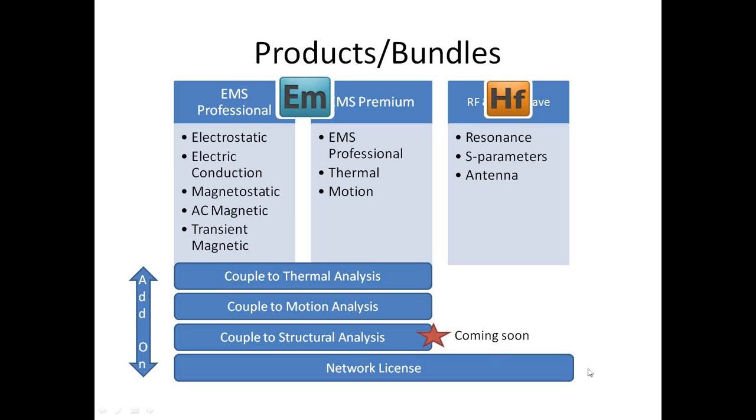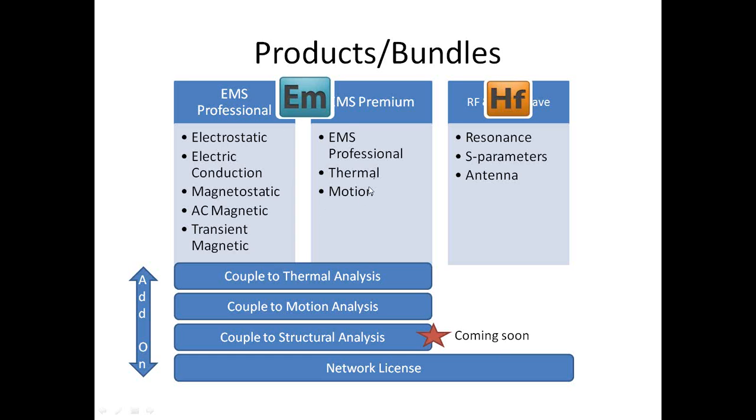Okay. All the EMS products come with activation-based license, but there is also an opportunity, should you need, we provide network license also. The EMS Premium is nothing but the EMS Professional with both the thermal add-on and motion add-on, and when the structural add-on is there, it's going to be inside the Premium too.